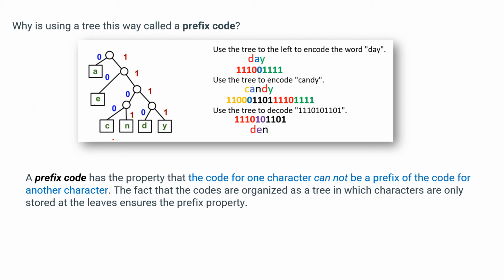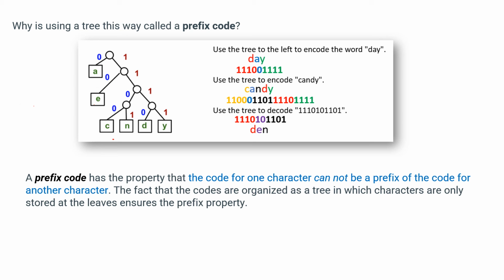So that makes every letter's code not be able to be a prefix of another letter, because if it was a prefix of another letter, we would have to be continuing on this tree past a letter, and once we come up to a letter, then we're always stopping.